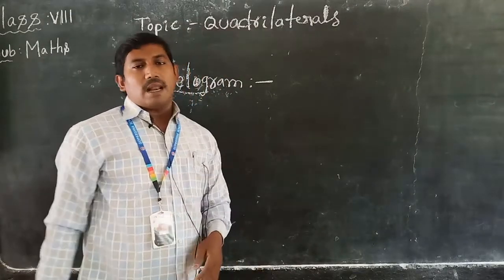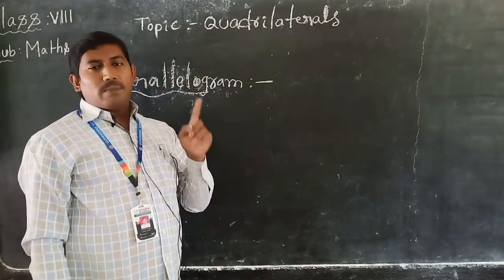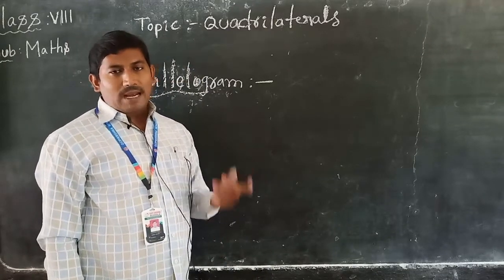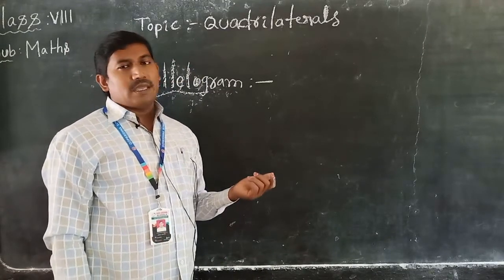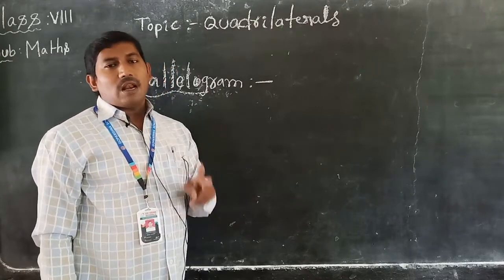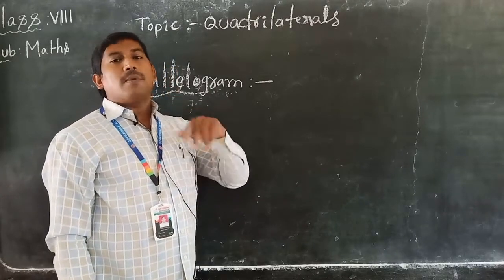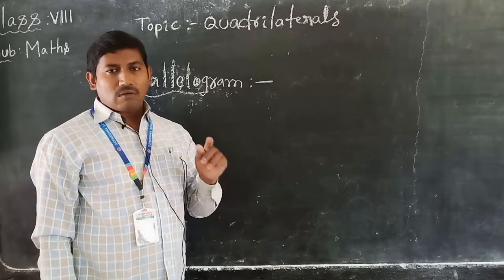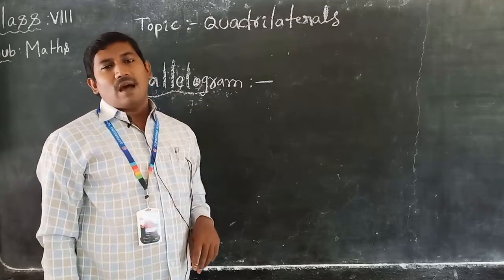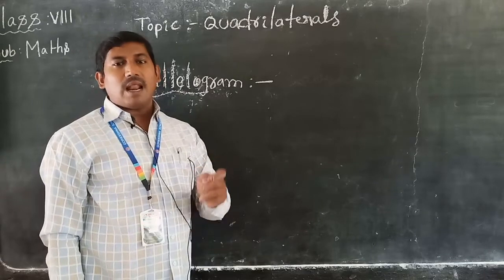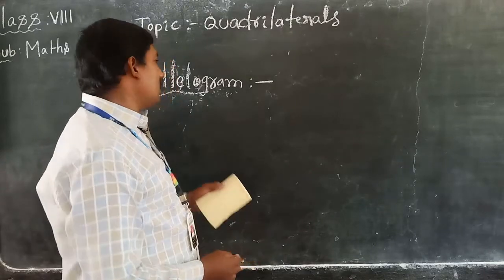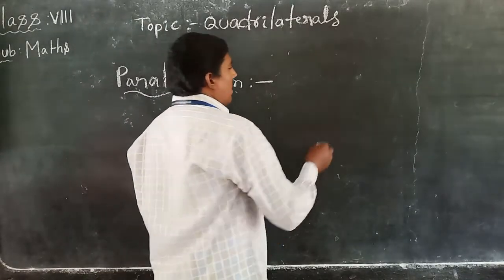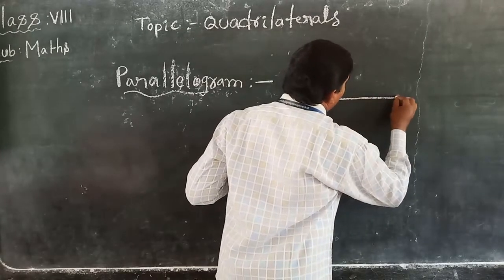In a quadrilateral, one pair of opposite sides are parallel; that is called a trapezium. In a quadrilateral, 2 pairs of opposite sides are equal and parallel. That is called a parallelogram.